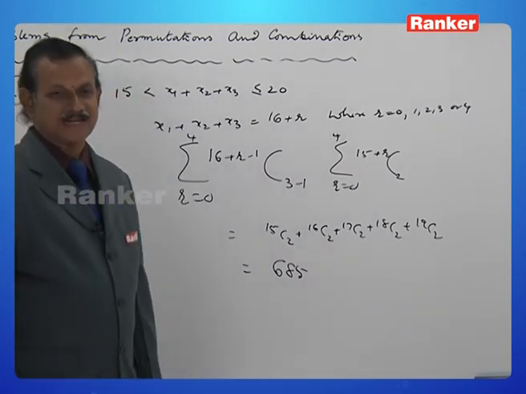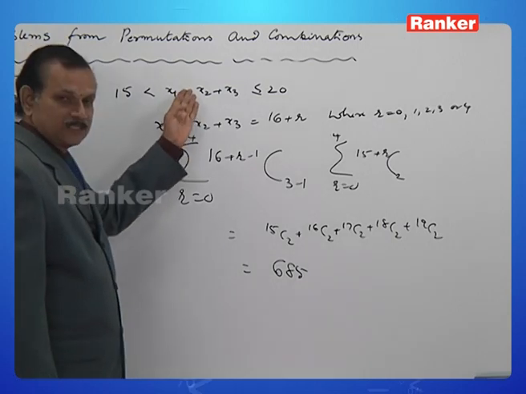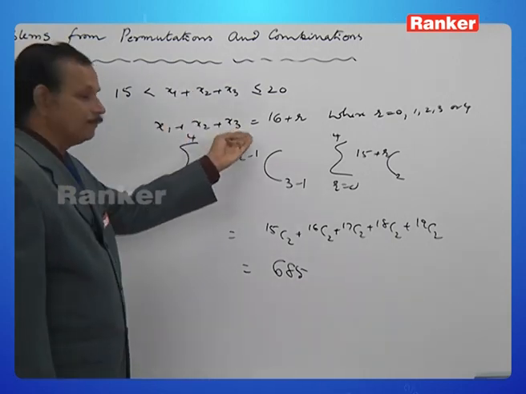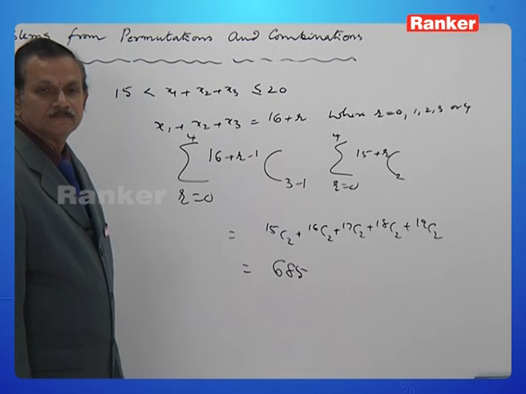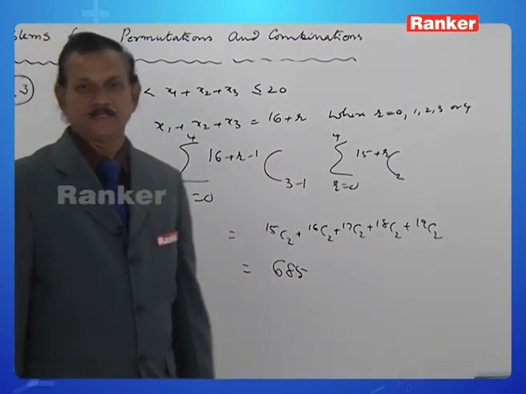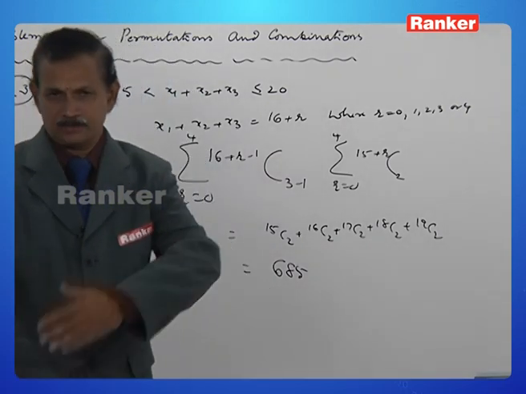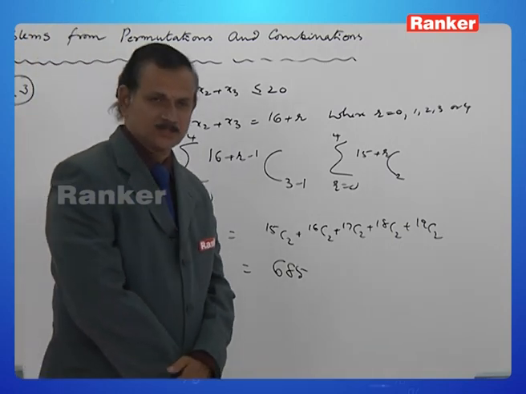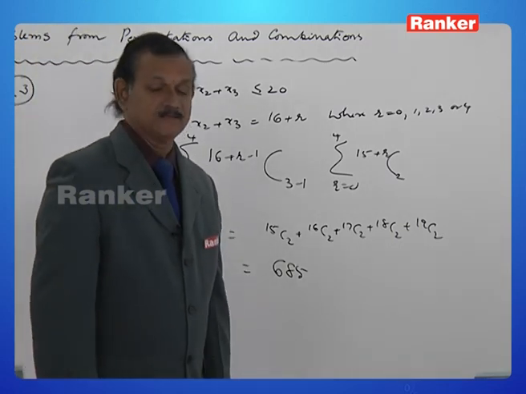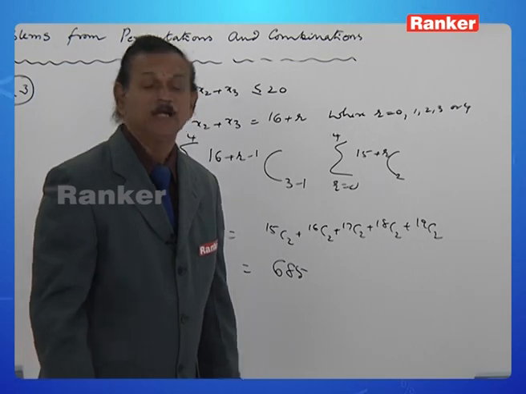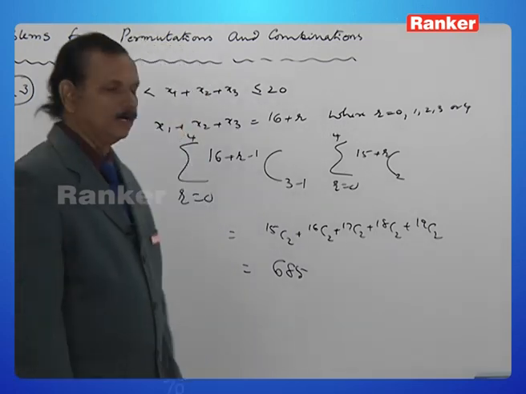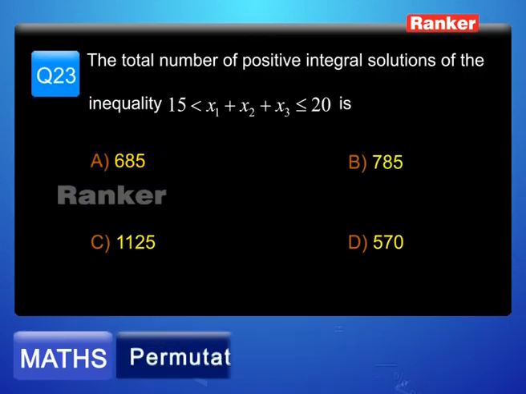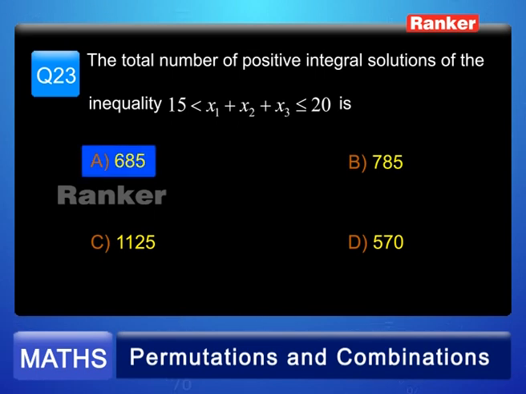You please understand the style of converting this inequality into a suitable equation, so that we will be ready to estimate the number of either non-negative solutions or positive integral solutions according to the situation. As the situation demands here non-negative integral solutions, we could make use of this formula. Okay, well, so the answer is 685. That is the first option is the right option.